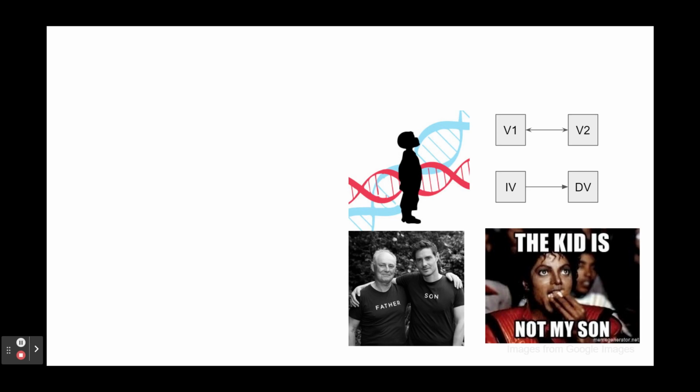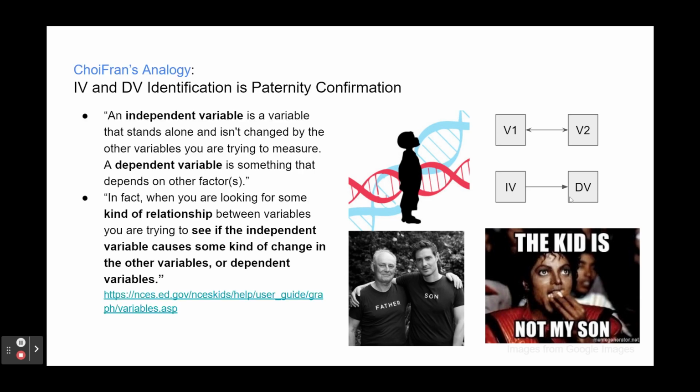In that case, we have a causal theory, a causal relationship between two variables. We call the first variable the independent variable, and then the arrow comes in as the dependent variable.